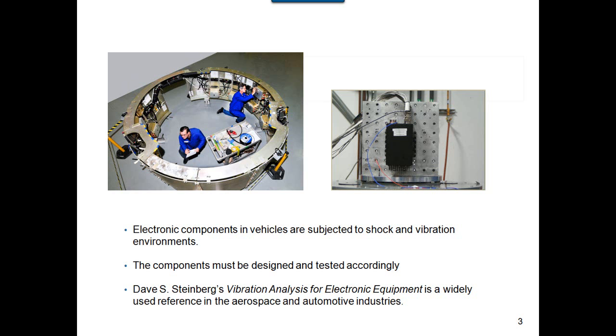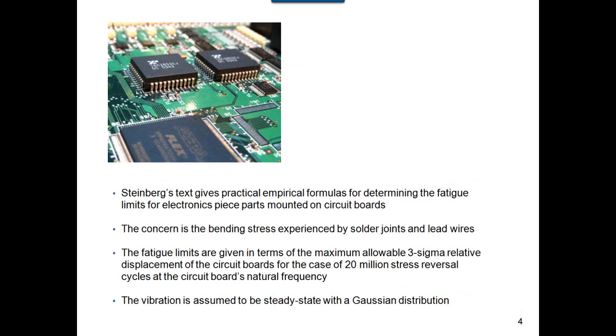But usually, because of cost and schedule concerns, the only time we really have an opportunity to do this analysis is after a given avionics box has had a failure during vibration testing. So that's just kind of the way it is. So I guess the techniques I'm going to show you are, in the real world, only used for failure analysis rather than as any type of predictive methodology.